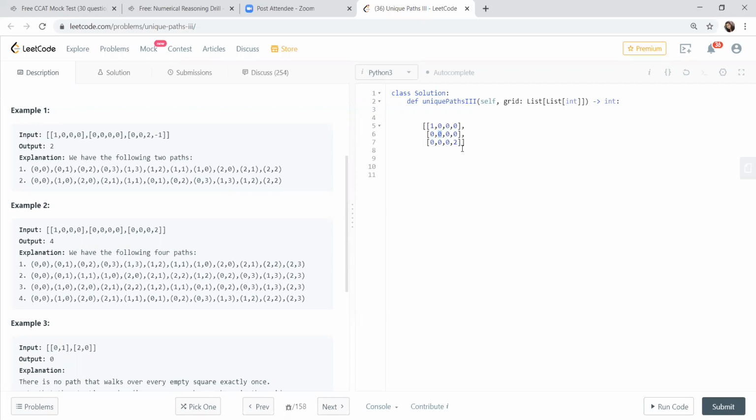At any level deep in this DFS recursion, we have to explore all four options, all four neighbors.